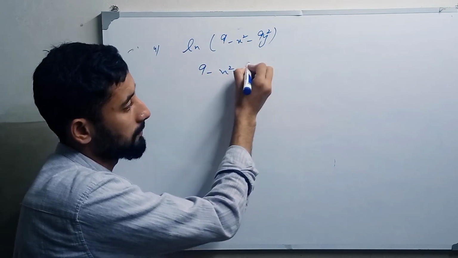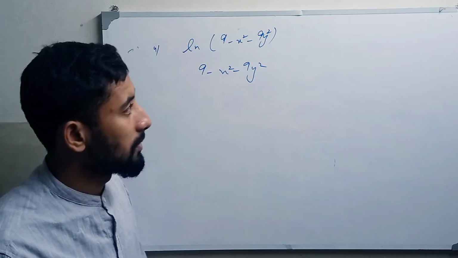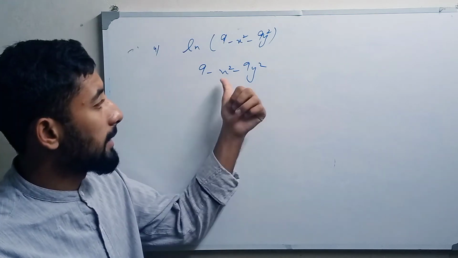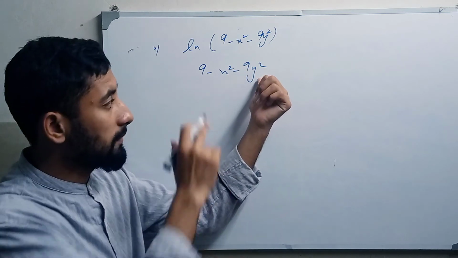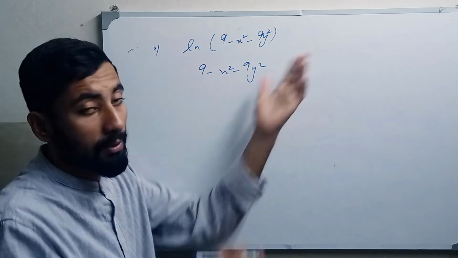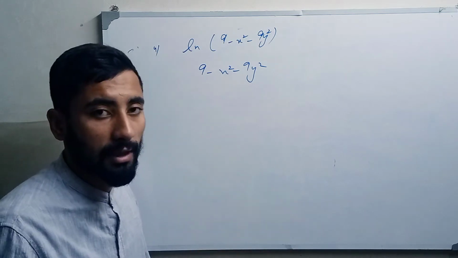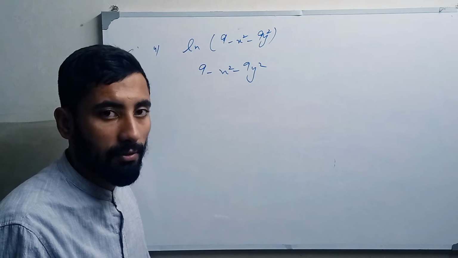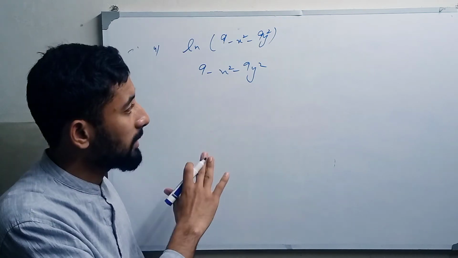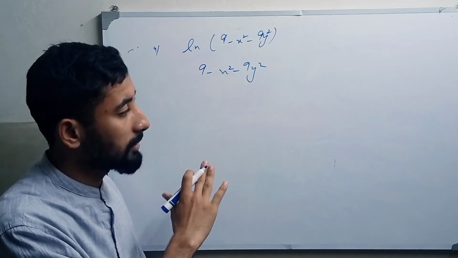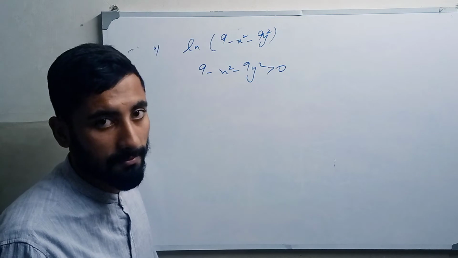What must the condition be? If 9 minus x square minus 9y square equals 0, then the function will be undefined. And if it is less than 0, the function will also be undefined. So 9 minus x square minus 9y square must be greater than 0.